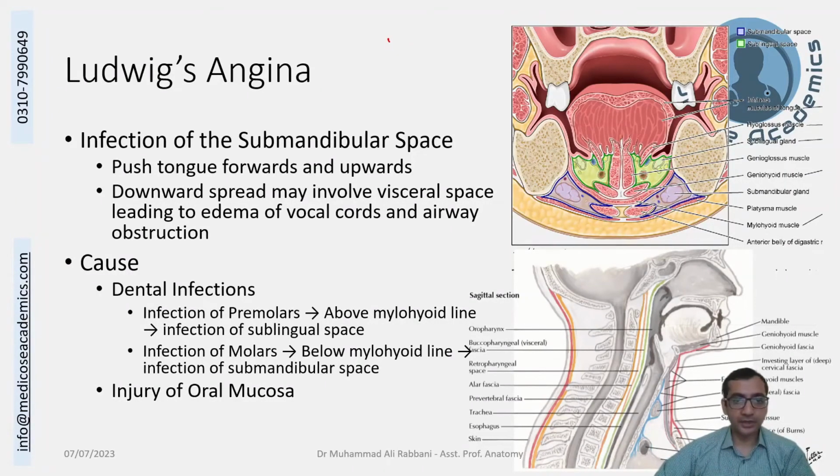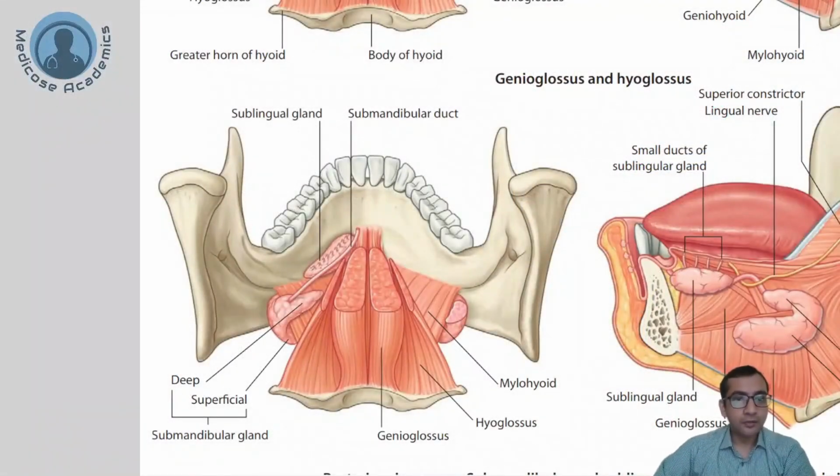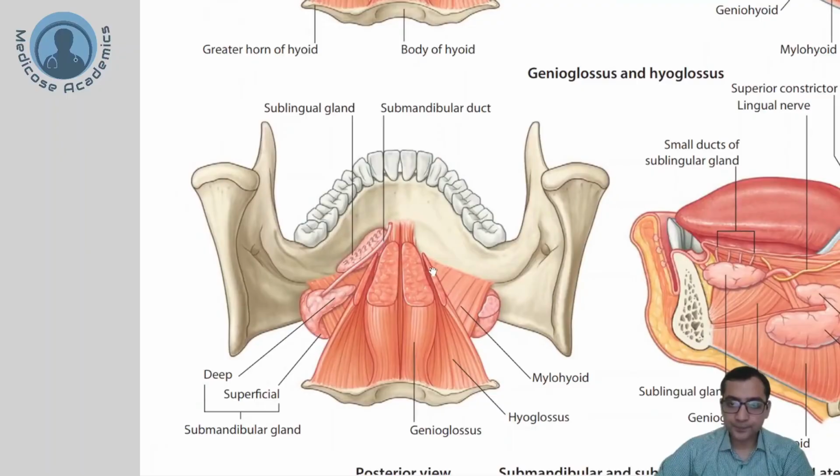Let me go to the atlas again. If we look at the atlas, you may see that the mylohyoid line is oblique.